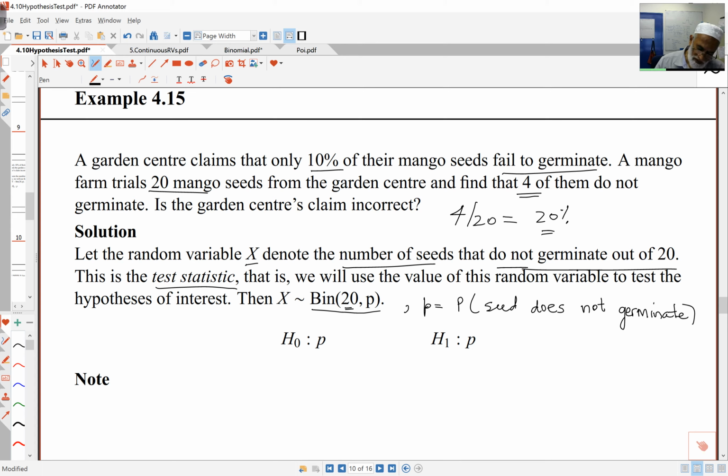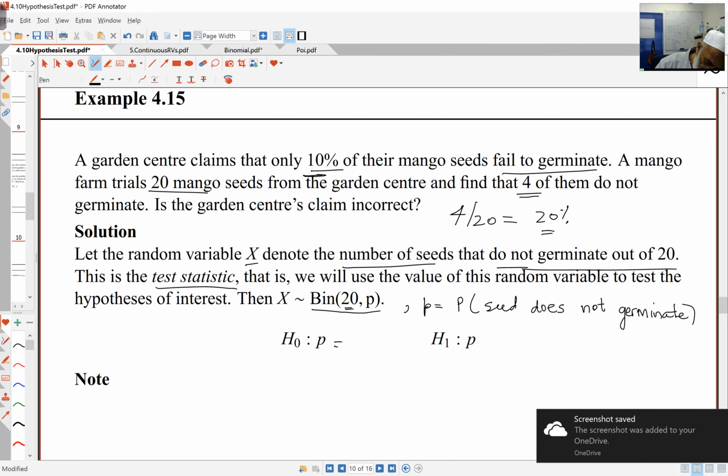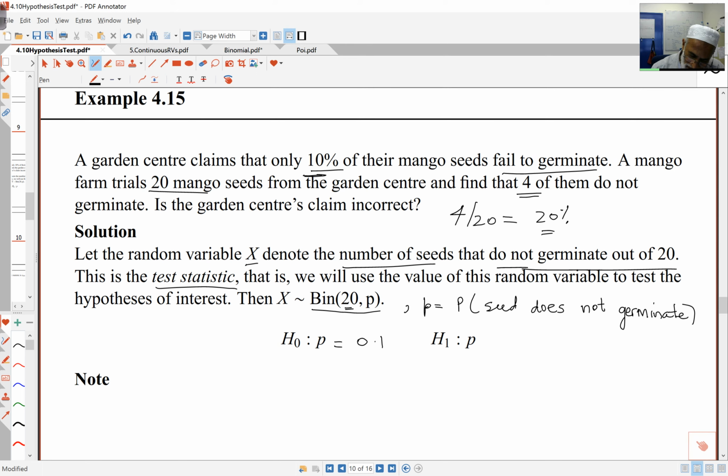So what will my null hypothesis be? Well, the null hypothesis will be essentially the claim as it stands. So it'll be p equals 0.10. And the alternative is the counterclaim.